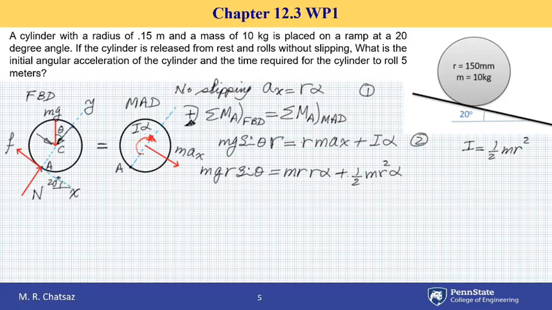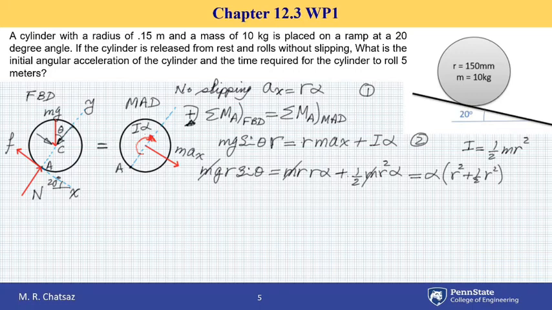I can divide both sides of the equation by mass m, so m is gone, and I can simplify further if I factor the unknown alpha from the right side. So I write alpha times r squared plus 1/2 r squared, which is 1.5 r squared.